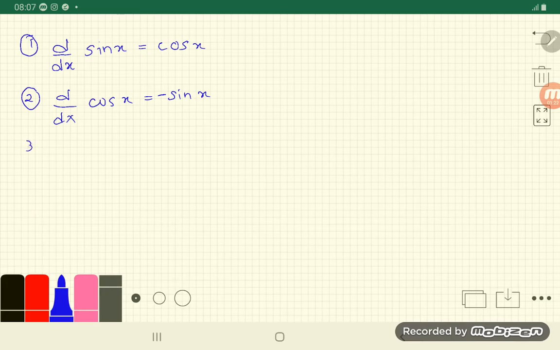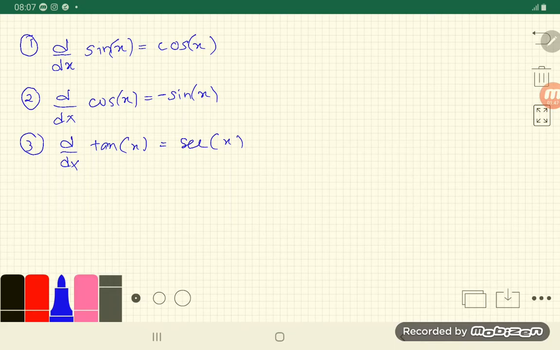And one more, if we try to differentiate the tangent x, it will be secant of x. Usually I'm going to put a bracket for each value of x there.